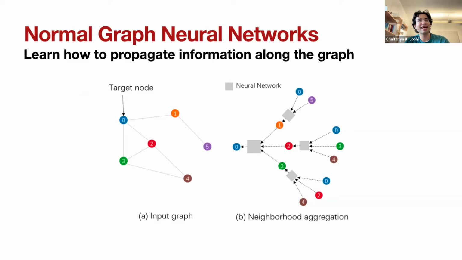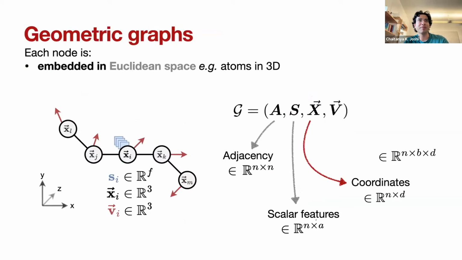So then when we go geometric, now your graphs are embedded in Euclidean space. So every atom, or every node could be an atom, also has a 3D coordinate. I have my geometric graph, this molecule, and it's really a set of nodes and edges, but each node also exists in 3D.